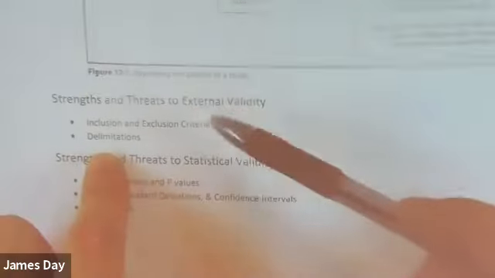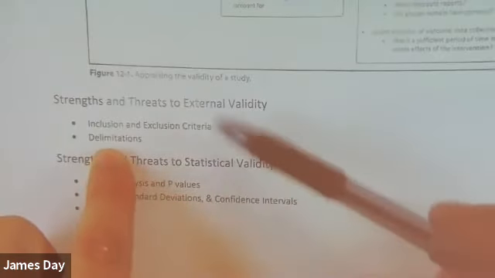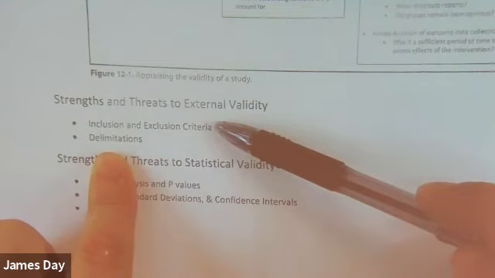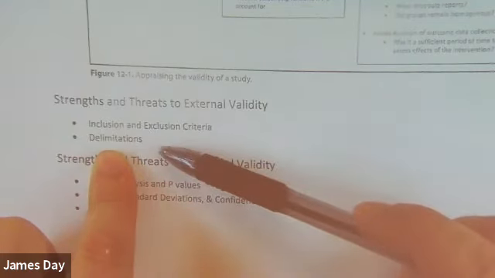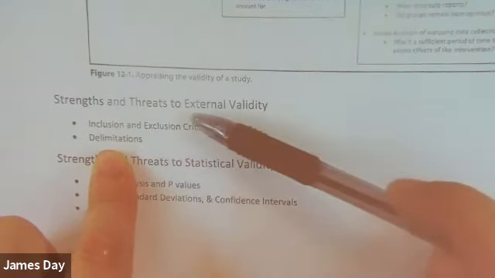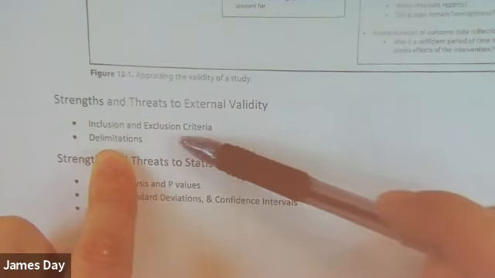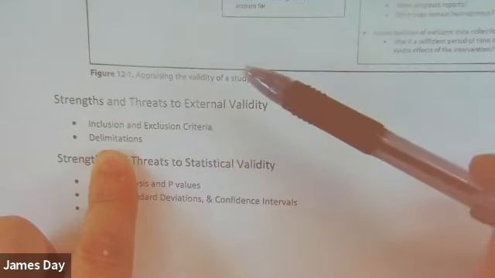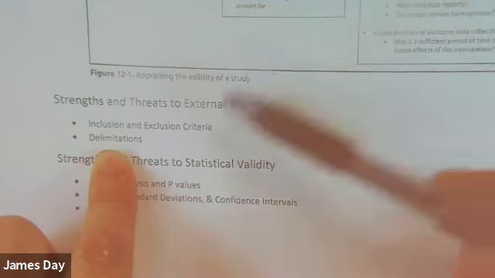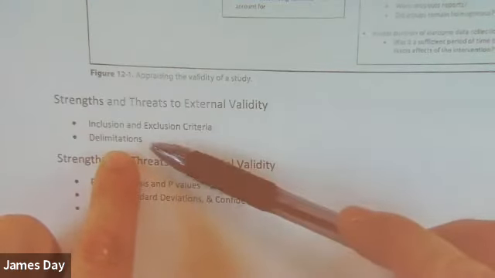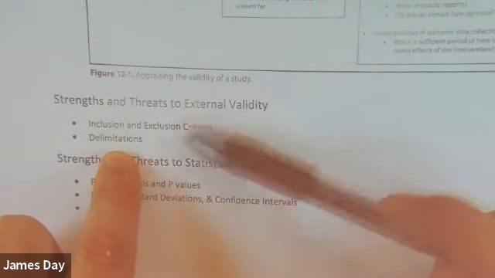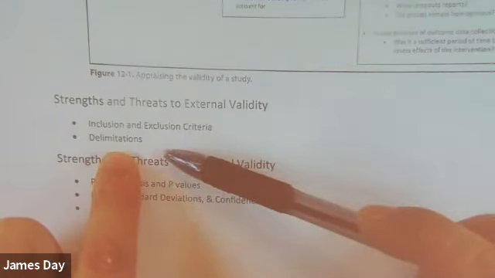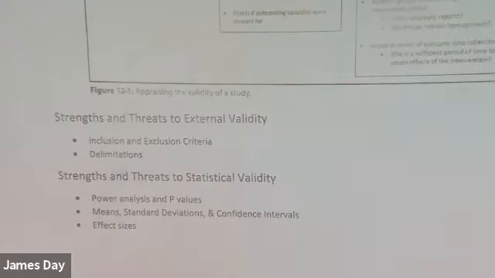The two main things that we're going to look at here are the inclusion and exclusion criteria and the delimitations. These are choices that the researchers made for doing their research that limit its generalizability. Delimitations are anything beyond the inclusion-exclusion criteria, so if they limited people, or they limited what they measured, for example.